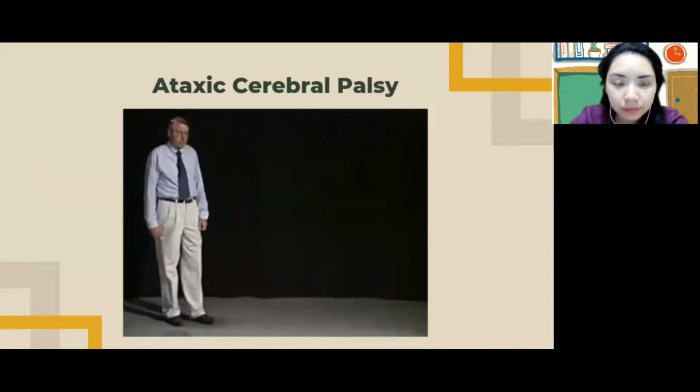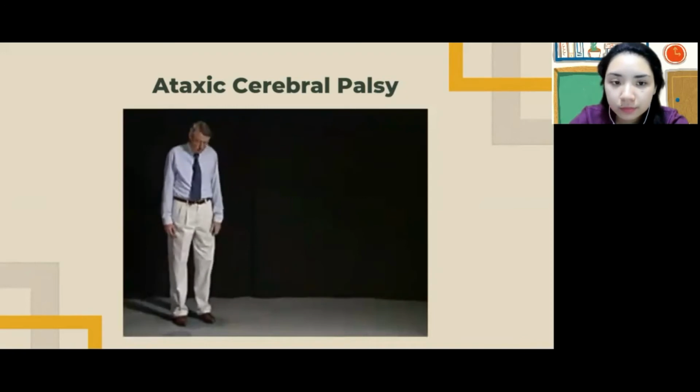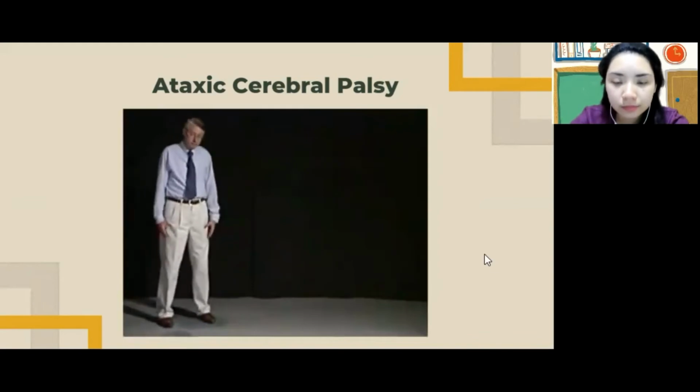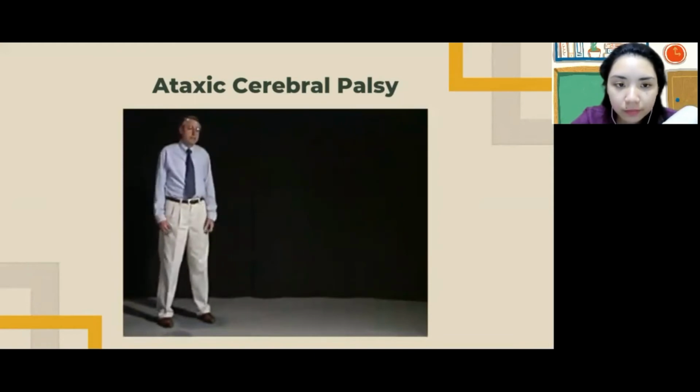The last gait that I'm going to demonstrate is the ataxic gait. In the ataxic gait, the patient has difficulty narrowing the station and maintaining balance. So typically they'll have a wide stance, trying to maintain balance. So, they have difficulties with balance, coordination, no? As I mentioned. And that there oftentimes will be unsteadiness in the trunk.